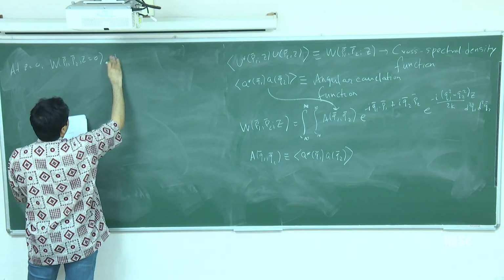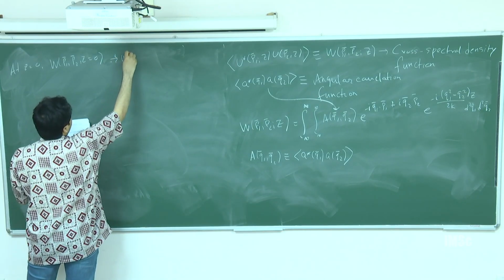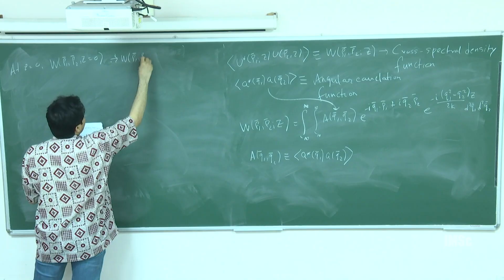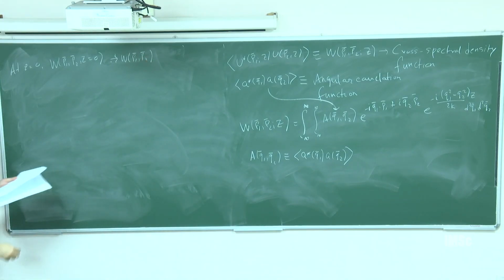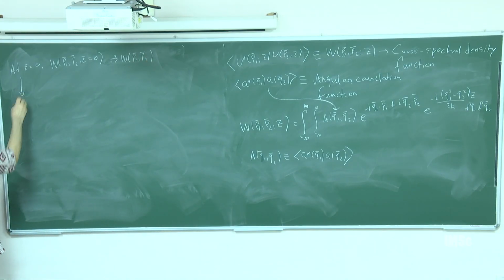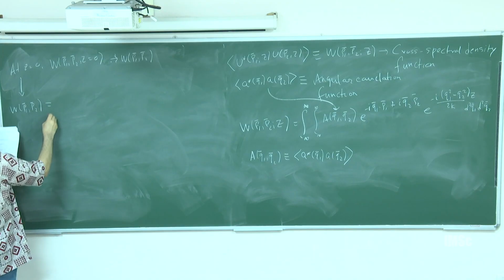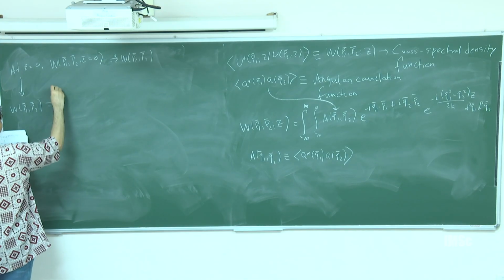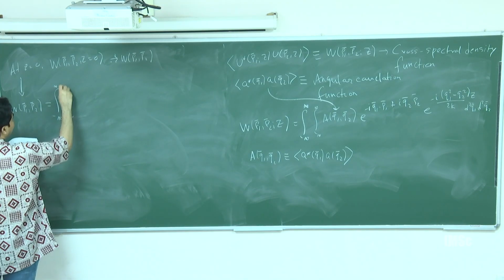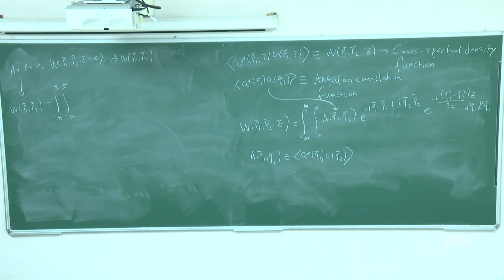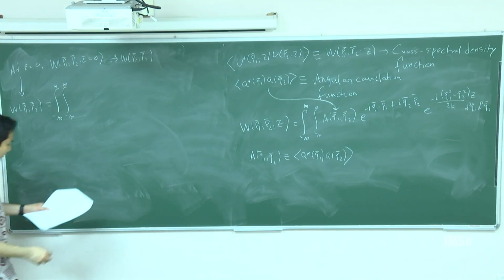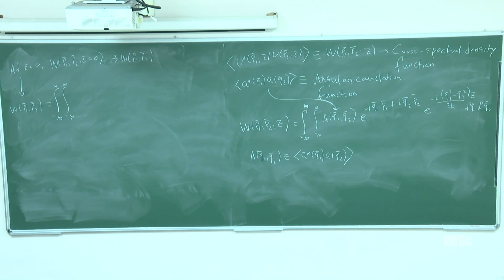Just becomes so. Now we have, so basically we are trying to write down the spatial analog of the generalized Wiener-Khinchin theorem.